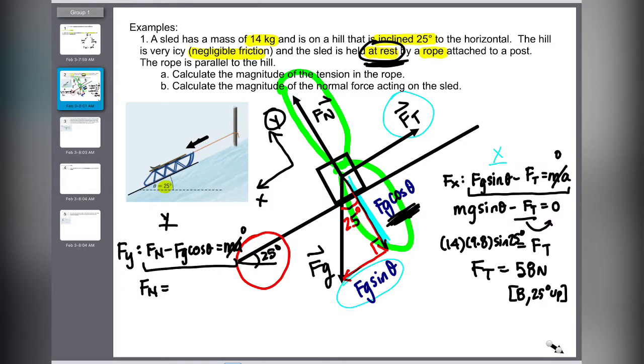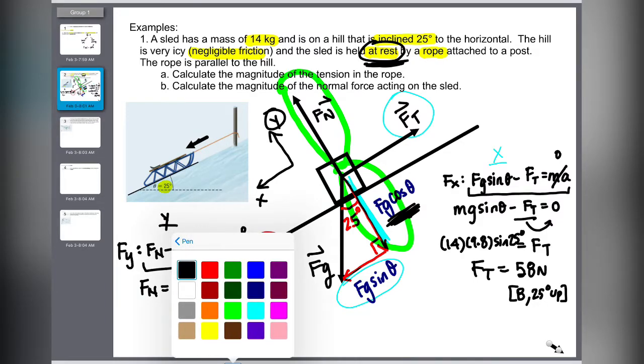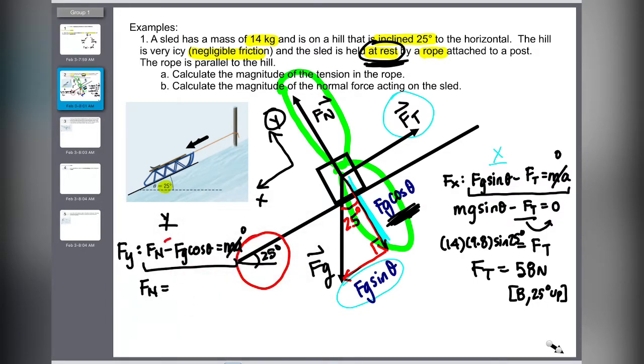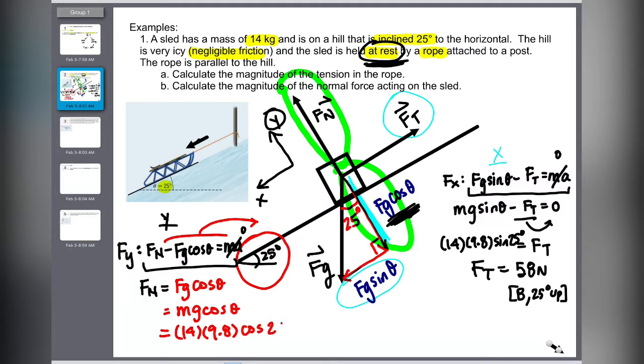So Fn is going to equal, I'm going to bring my Fg cos theta to the other side to make it positive. So this is Fg cos theta, and since I know that Fg is m times g, it's 14 times 9.8 times cosine of 25.